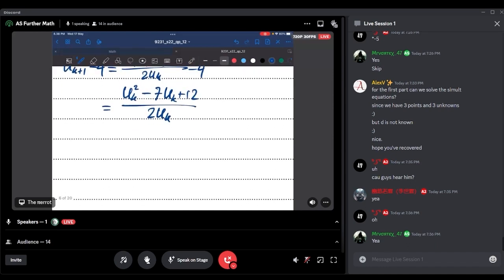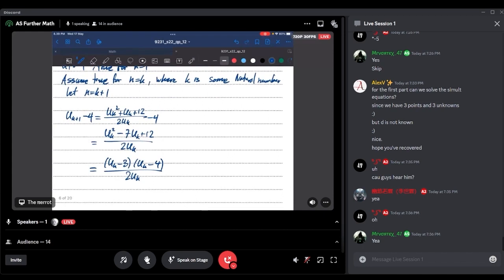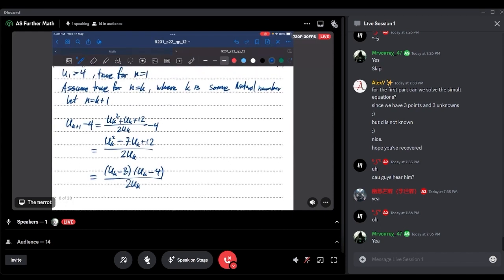From here, if you notice, the numerator you can factor into (uk minus 3)(uk minus 4) over 2uk. Remember that our assumption is that uk is greater than 4.